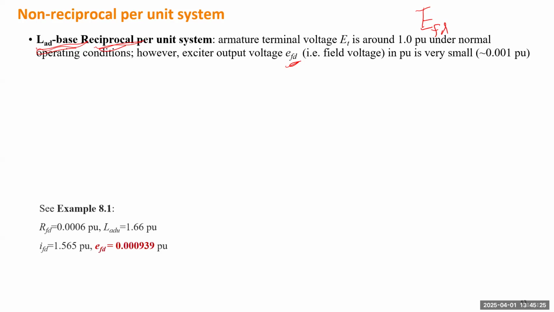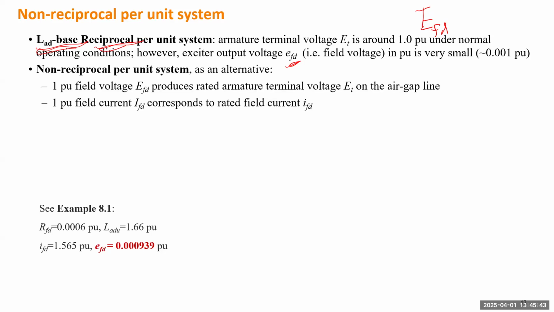For instance, if we go back to the example of the same generator we calculated before, taking that value, the EFD will be 0.000939. That's very small. Then we want to take an alternative, which is somewhat like a reciprocal per unit system.